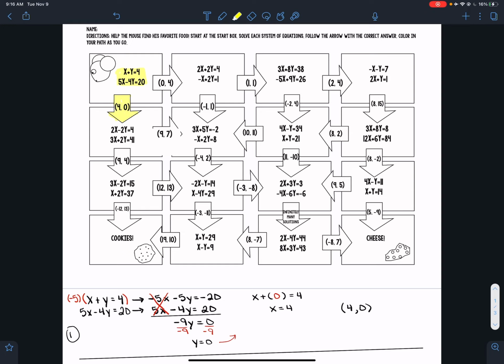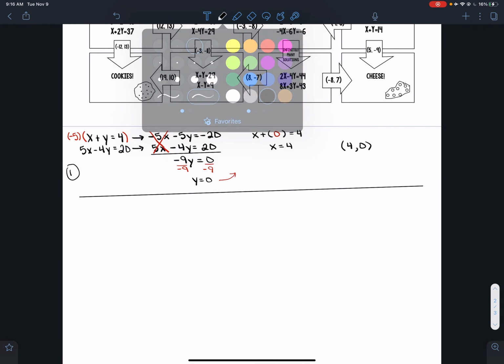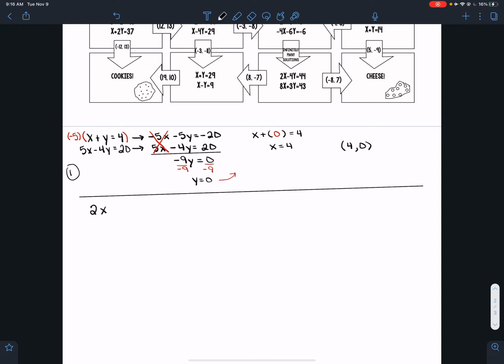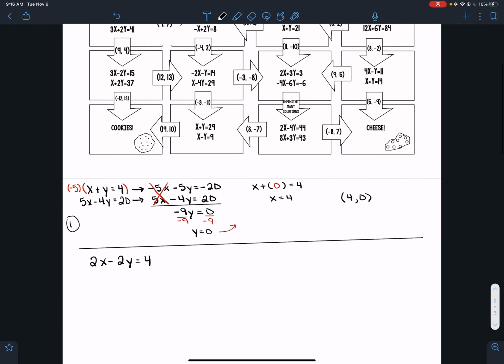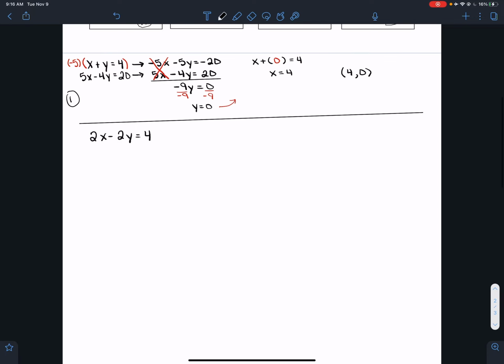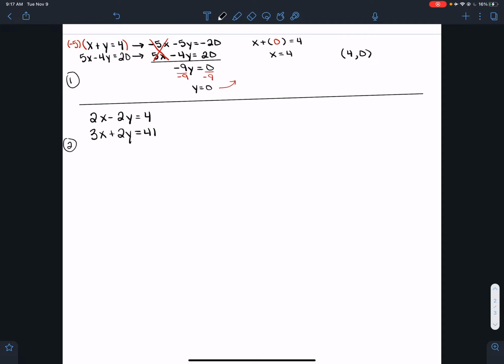Number 2, it would be 2x minus 2y equals 4, and 3x plus 2y equals 41.